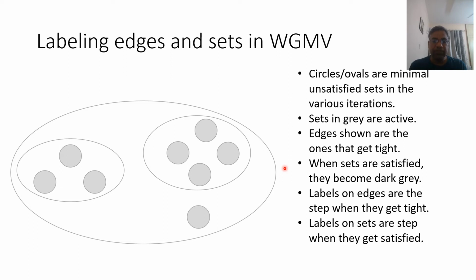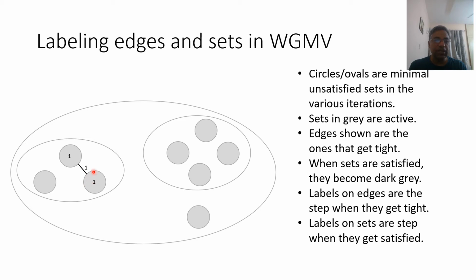So these are the active sets, and we would be increasing the dual variables corresponding to these sets. And once an edge goes tight, I will show that edge. So the label on the edge is the step. So let's say at the end of the first iteration, this edge here went tight. And these are the two sets that this edge was running between, and I'm going to give a label which is equal to the iteration at which the set became satisfied.